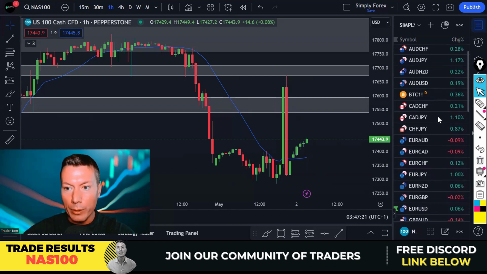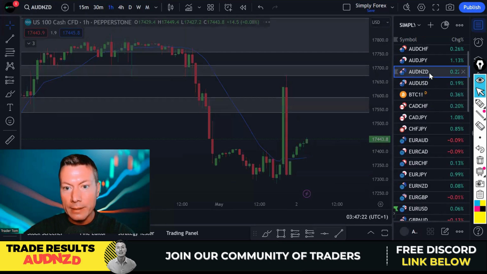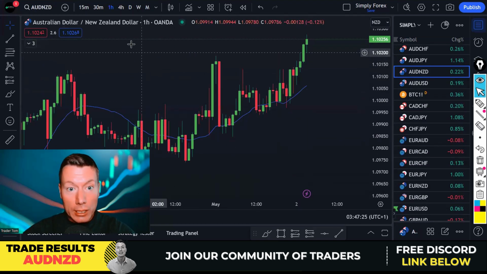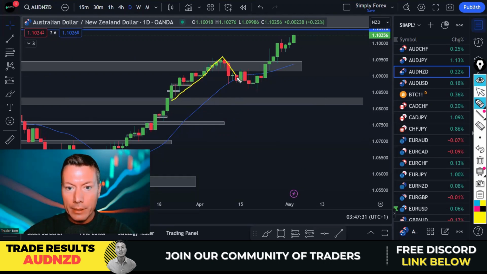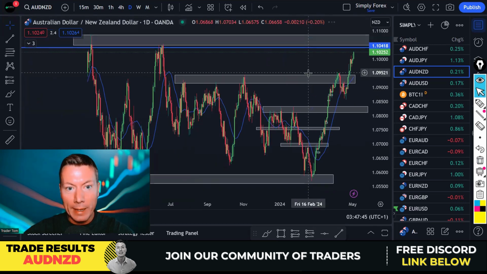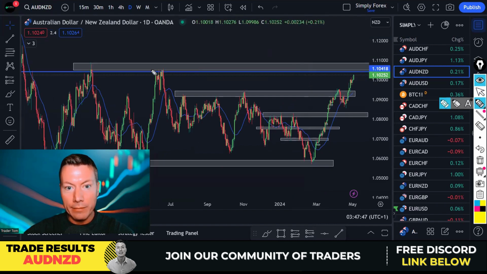And then the last one we were looking at was Aussie dollar, New Zealand dollar. And potentially we could have traded this, but Fed news tends to affect every pair. People were thinking maybe this is breaking down, but it just kept shooting up, guys, all right? We're in an uptrend. We had this bullish candle here, and the idea was just to take it up to this level. Why is that a good level? If we zoom out, you can see there's a nice area of resistance in here.